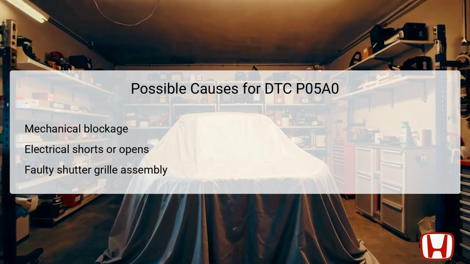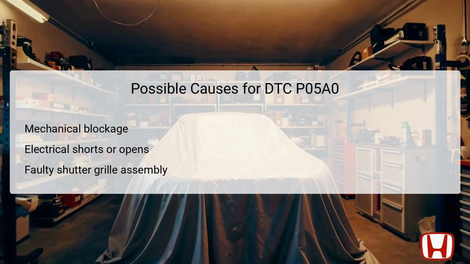The possible causes for the DTC P05A0 include several factors affecting the shutter grille assembly's functionality. A mechanical blockage may arise due to dirt, debris, or any foreign materials that prevent the grille from operating as designed.